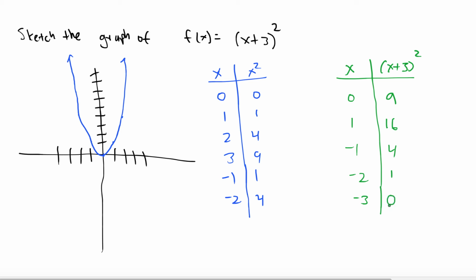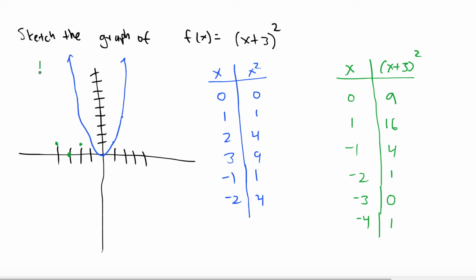We are looking for where y equals 0. We could do one more here: negative 4 plus 3 is negative 1, and squaring that gives positive 1. Notice what is happening to these function values. The 0 is the key. When x is negative 3, y is 0. When x is negative 4, y is 1. When x is negative 2, y is 1.